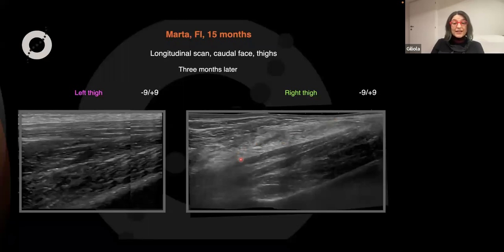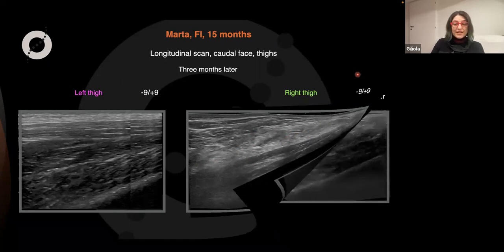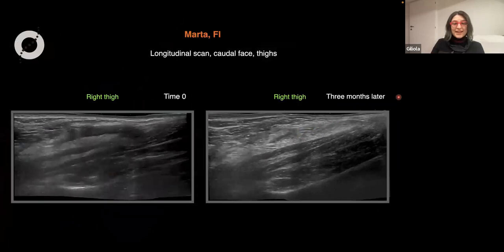And hopefully she will stay not lame and with no problem and no pain. We are not sure if the volume of the muscle will go back to normal, but she's doing absolutely fine, and it's only 3 months after physiotherapy and treatment. And we are very lucky and very happy because she's doing so well.